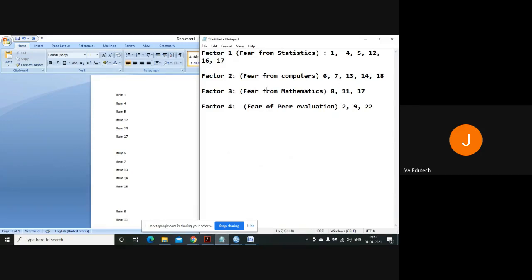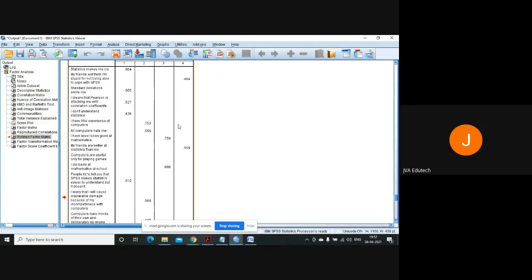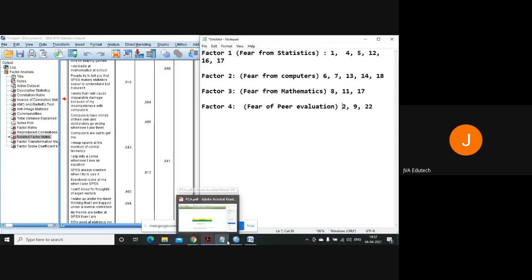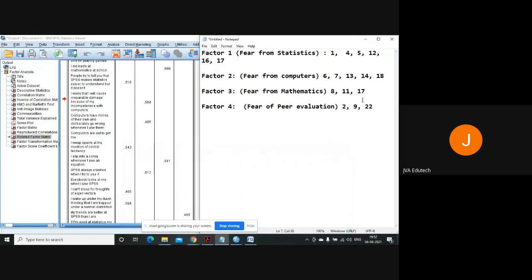How come item 17 is coming in 2? Let's check. Something is wrong. This is item 17, it's in the third, but how come it's coming in this? It shouldn't come.